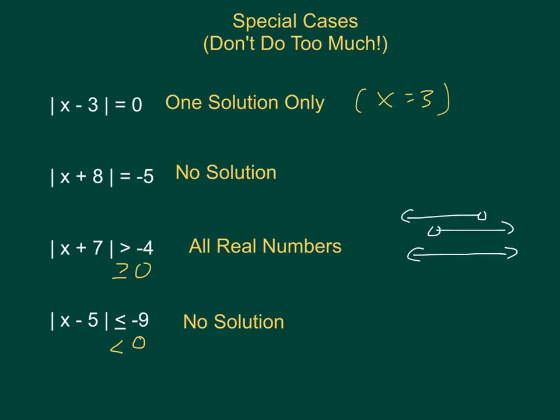We know that that means all reals. Meanwhile, a less than or equal to would be an "and," and for an "and," we expect it to be a certain way, but if you do it, it'll end up graphing like this, which would be no solution for an "and." But that's where you have to really pay attention to the "and" or the "or," and pay attention to the special cases so that you don't fall into that trap.